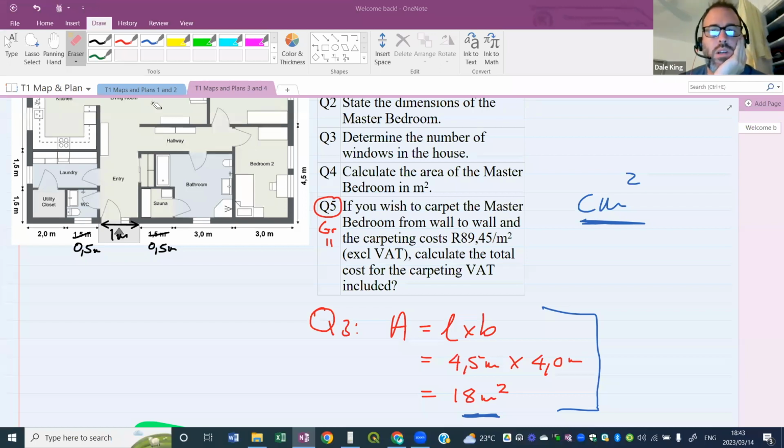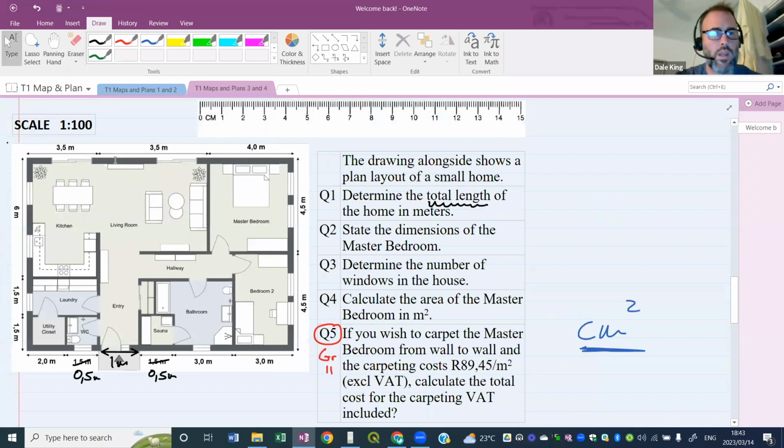While you guys are trying to work out this little problem, changing meters squared to centimeters squared, I'm just going to help Lebogang here. Question 3 says determine the number of windows in the house. All we did was count the windows, which are these little white rectangles in the walls.